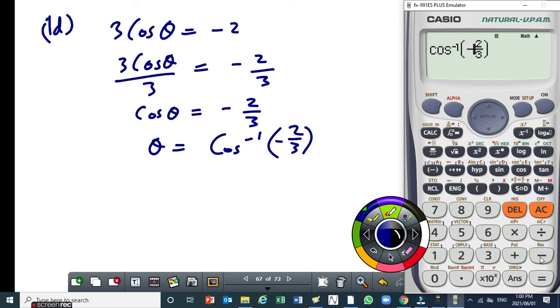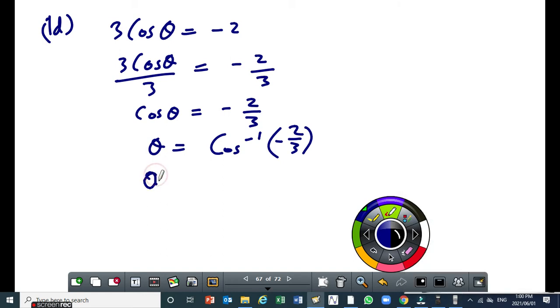So that will be negative. Alright, so we get that obtuse angle, 131.81. So it means the first value of theta will be 131.81 degrees. Alright?